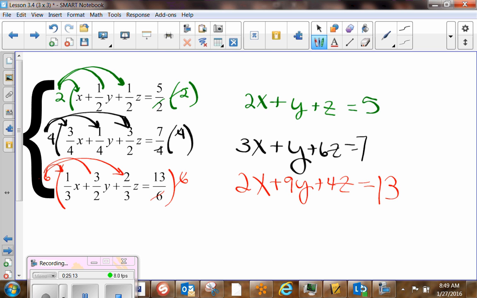So now we're going to erase all this. When you have this problem, I'll tell you right now, one of them is a 0.5, but the other two are whole. Okay?